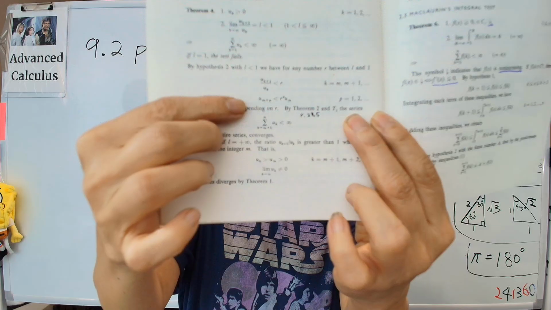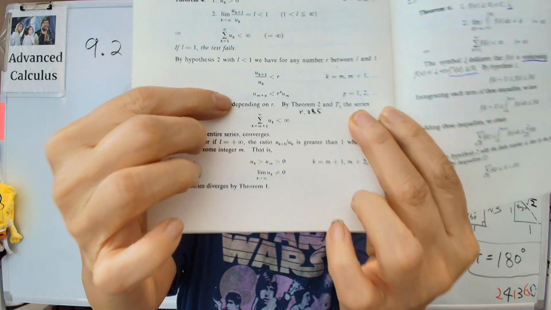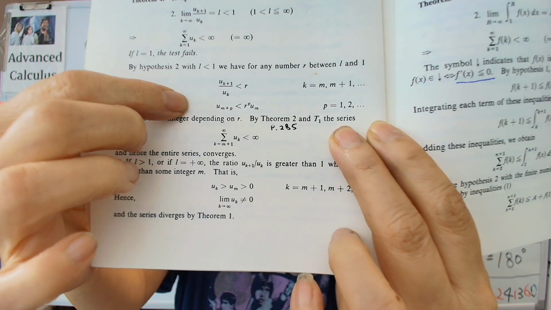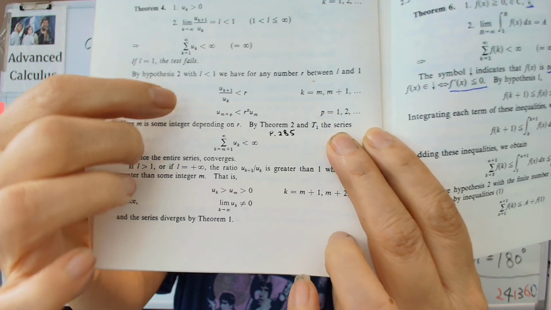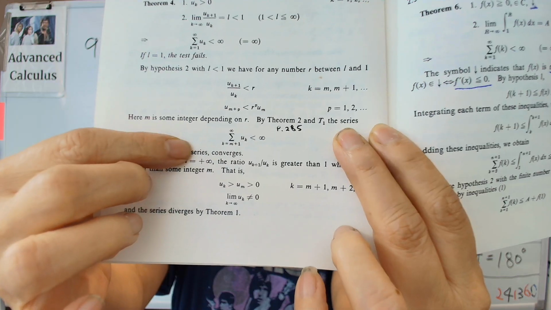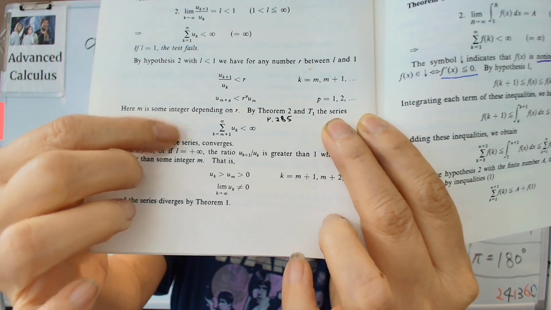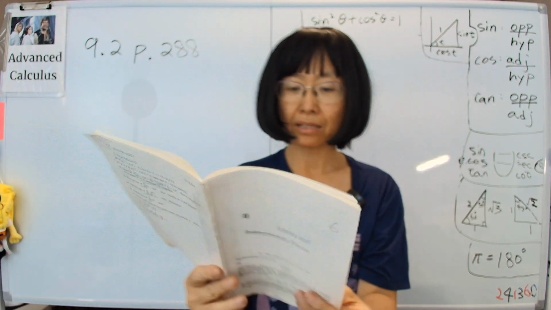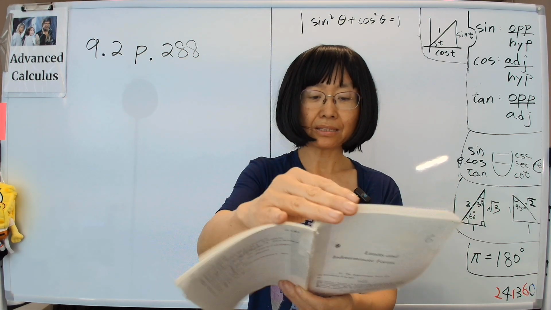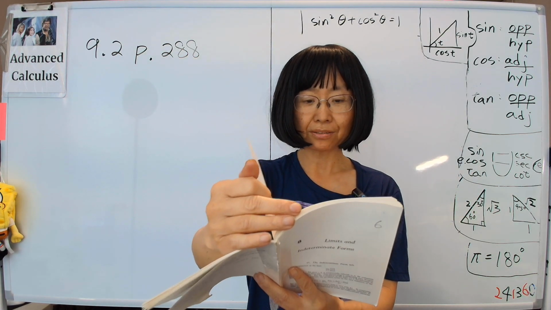Okay, so that's how we got to this point where U_{m+p} is less than R to the power p times U_m. At this point, we use the geometric series, right?